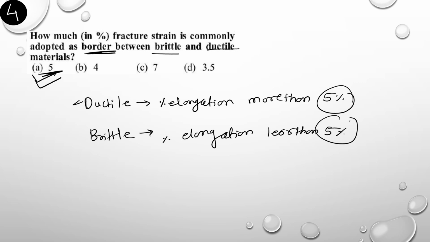Basic terms: ductile is nothing but if we convert the steel material into wires, then it has a ductile property, and brittleness is a lack of ductility. A brittle material is like glass, and ductile materials are mild steel, aluminium, copper and lead.